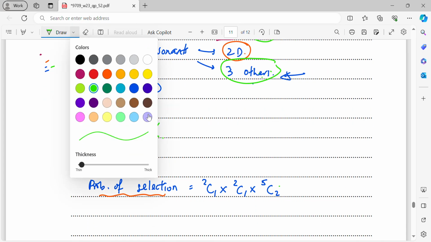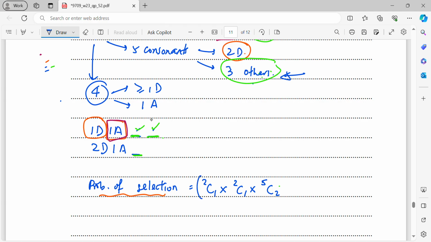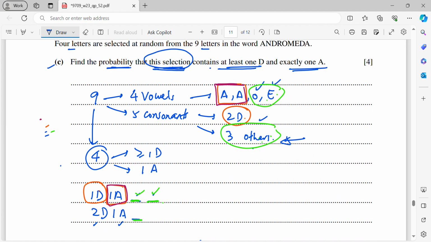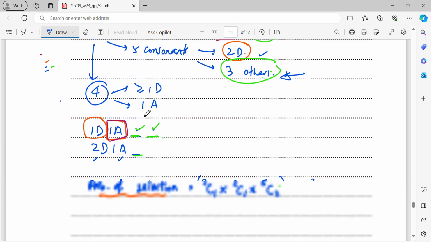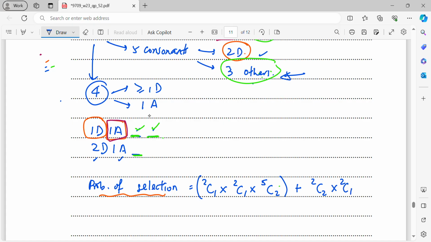Now this will be the selection, or plus. Now I need 2 D's from the 2 D's, therefore 2C2, followed by 1 A from 2 A's, therefore 2C1.